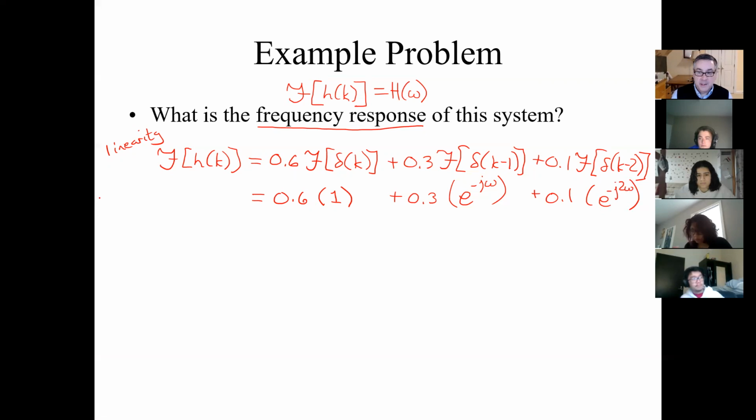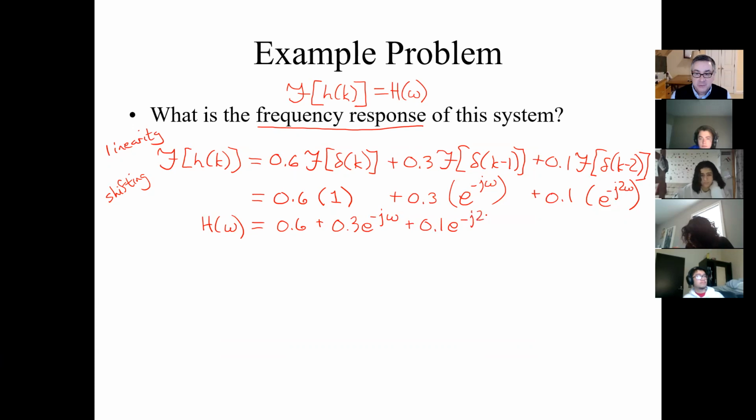Okay, any questions about that? We just applied the shifting property. Well, and that's pretty much the answer. Okay, so for our purposes, H of omega is equal to 0.6 plus 0.3 e to the minus j omega plus 0.1 e to the minus j 2 omega.